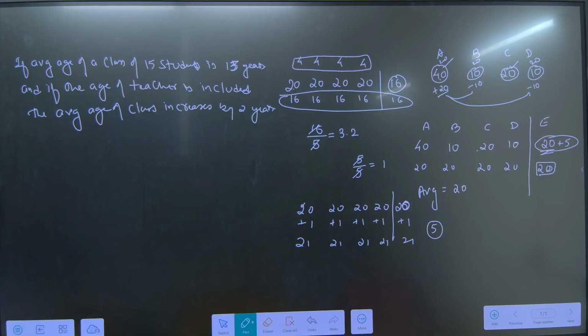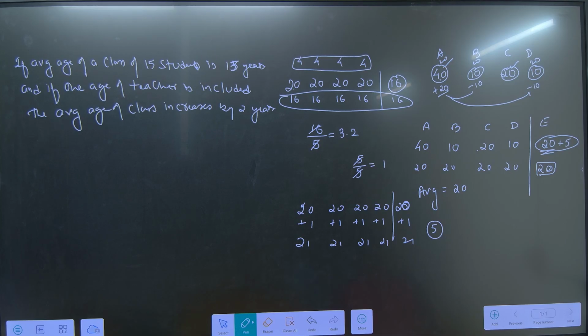Find the age of the teacher. You got the question, right? Understood the question. So let me first explain by forming the equation.